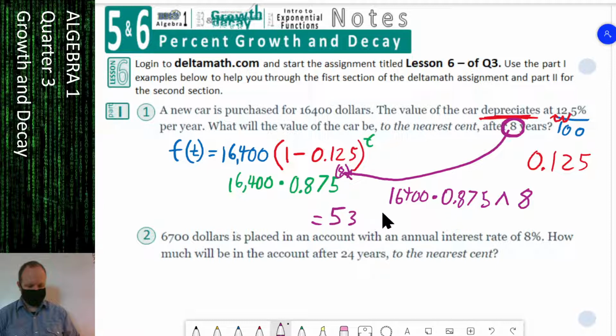5,300, 5,600, 635. And it says to the nearest cent, so give me 3 places behind the decimal. You got 3 places behind the decimal?